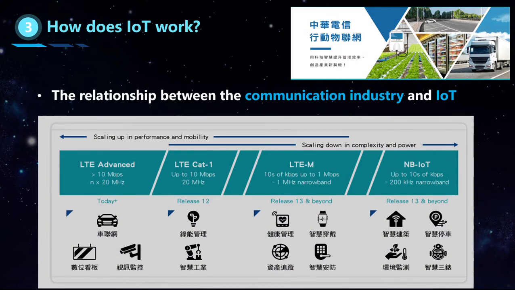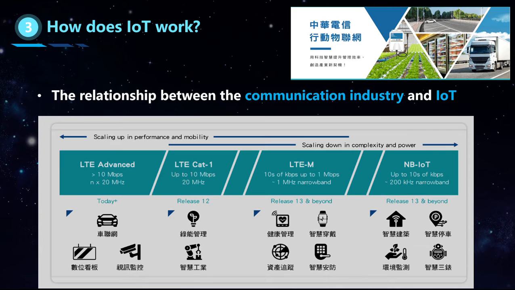Next, let me show you the relationship between the communication industry and IoT. IoT technology will require good communication equipment because all data is transmitted through the network. So the communication infrastructure must be very complete and the quality of the network must be very stable.